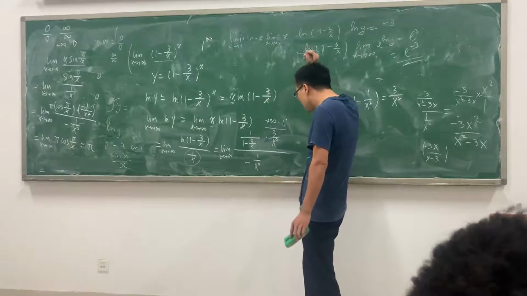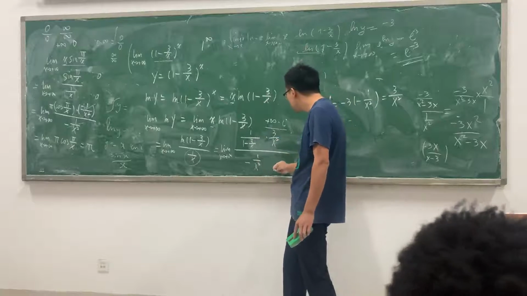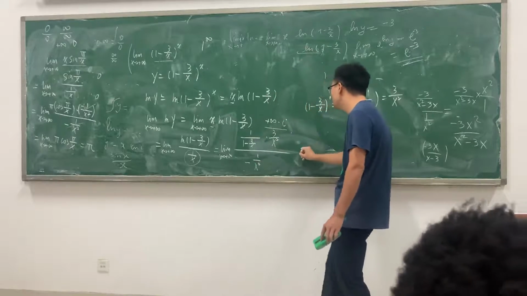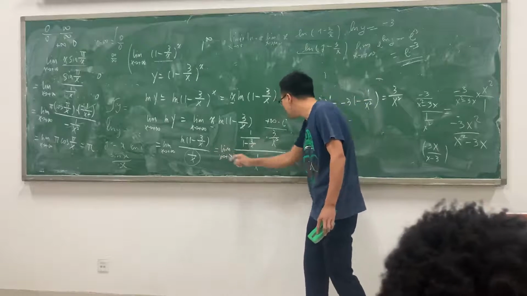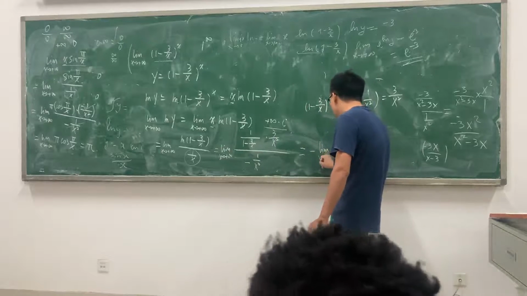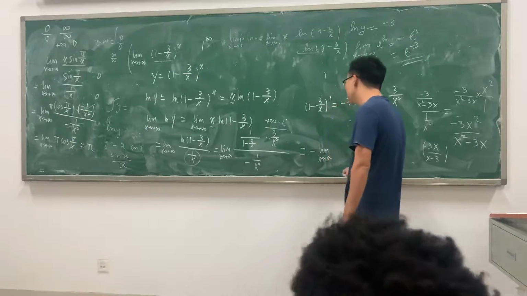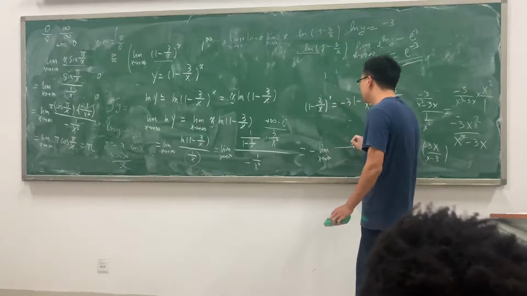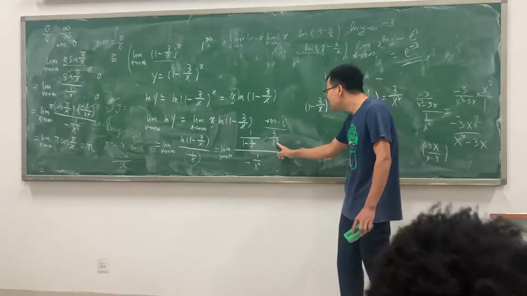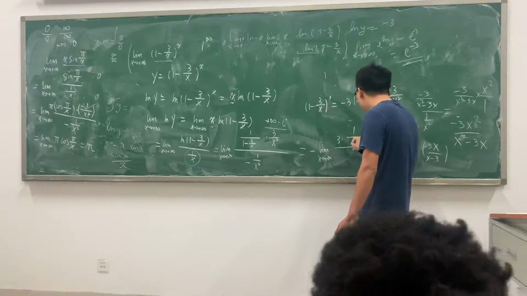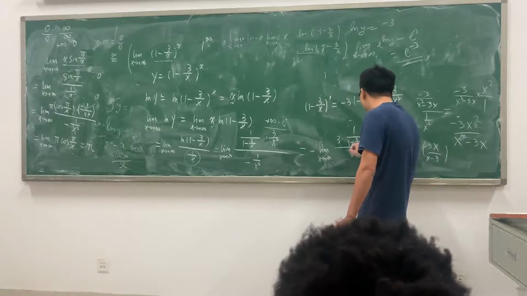So we multiply x squared on both sides. So here equals minus, taking it out, minus the limit as x approaches plus infinity of 3 times 1 by 1 minus 3 by x.